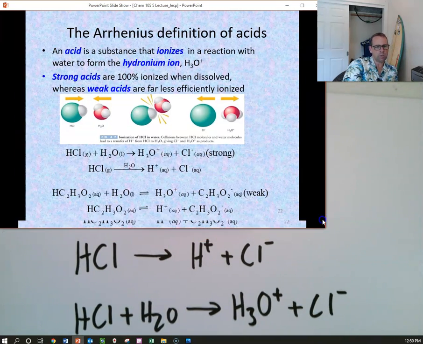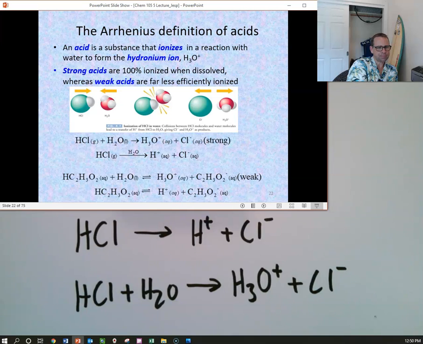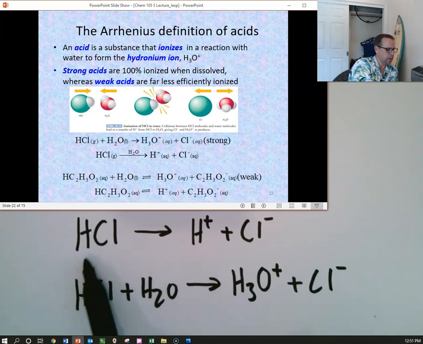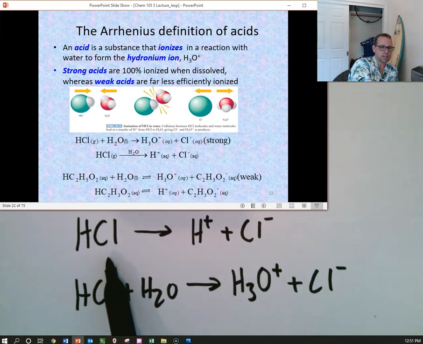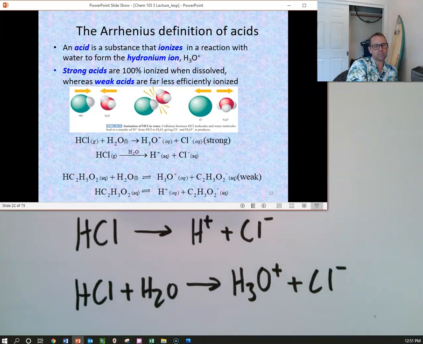Can you see how those two equations are essentially the same, but this one has the water molecule so that you can see that the hydrogen is with the water molecule? Okay. So HCl is an acid. It dissociates into H plus ion and Cl minus.